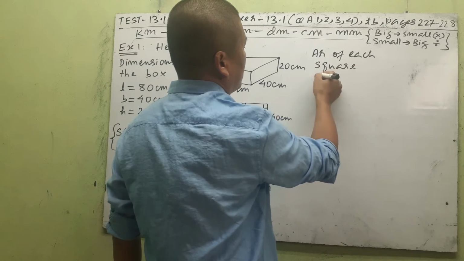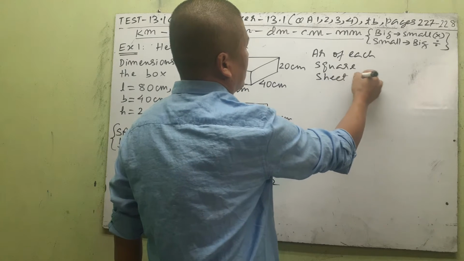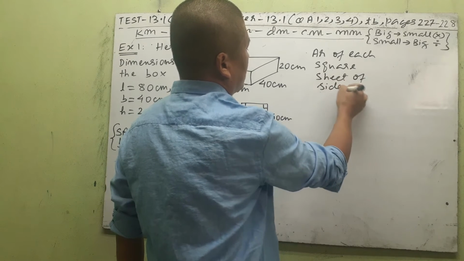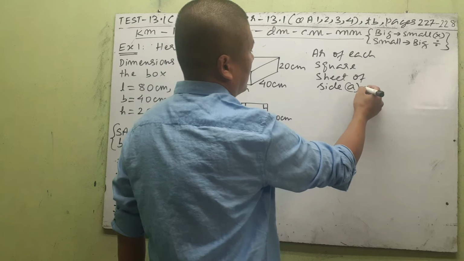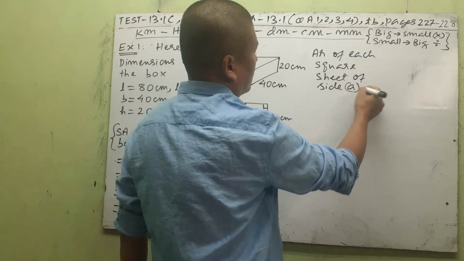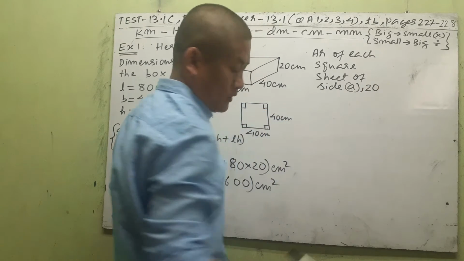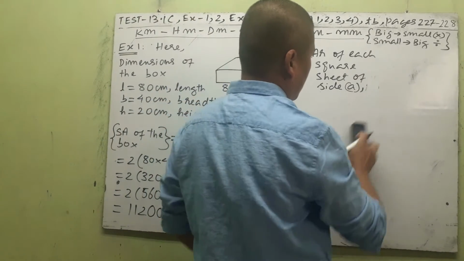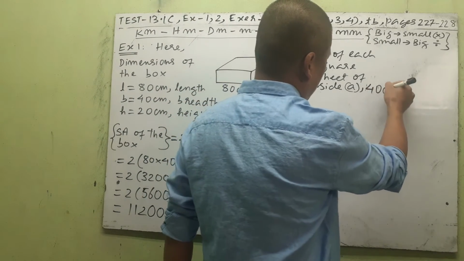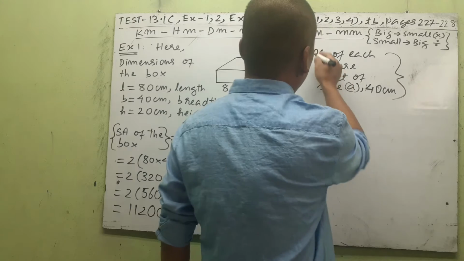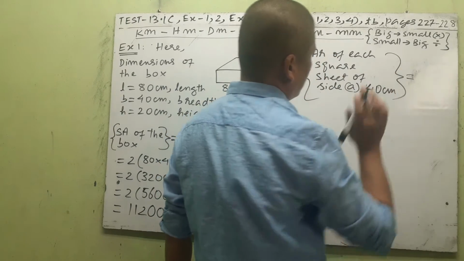Now let us find the area of each square sheet of side 40 centimeter. Area of one sheet.